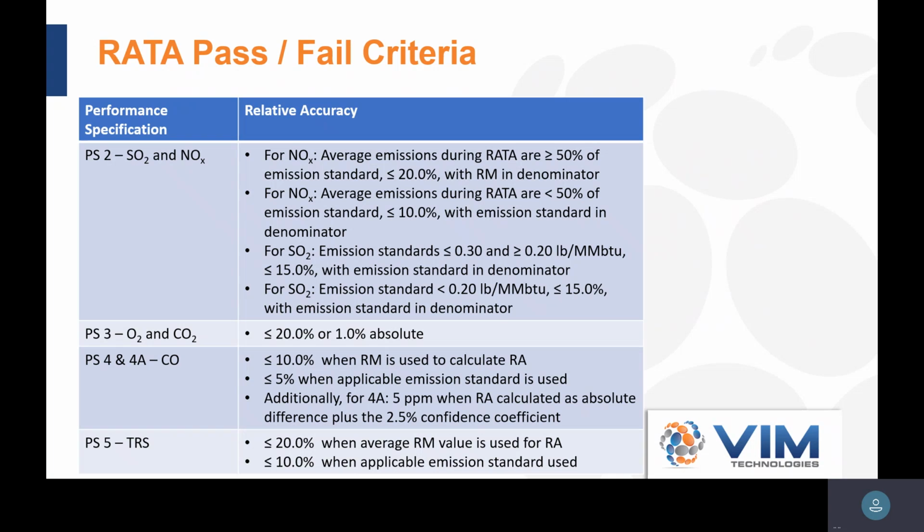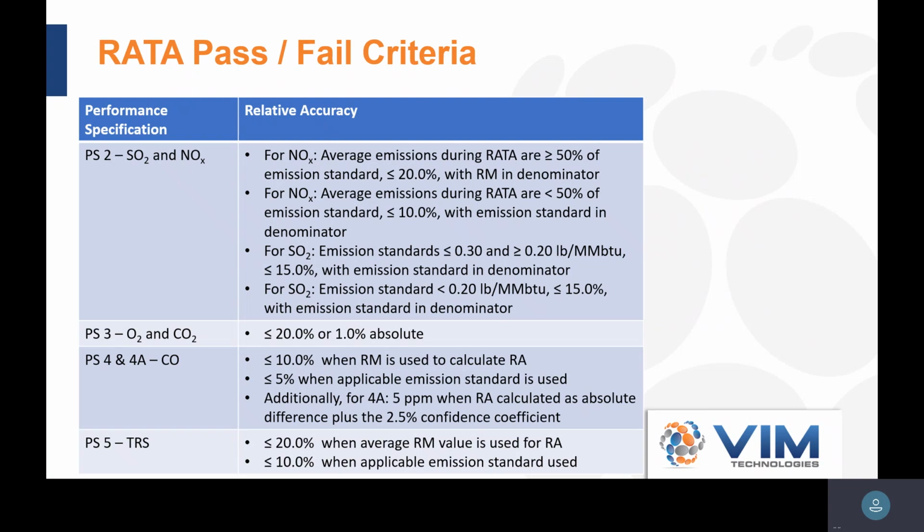Again, you have different performance specs for different pollutants and the diluents. So the performance specs are different for the relative accuracy as well. Just like they were different for the calibration drift, they're different for the relative accuracy. So you can see it's 20% for NOx and SO2. But there's also that 10% of the emission standard. That's often utilized at power plants where their limit is in pounds per million BTU.